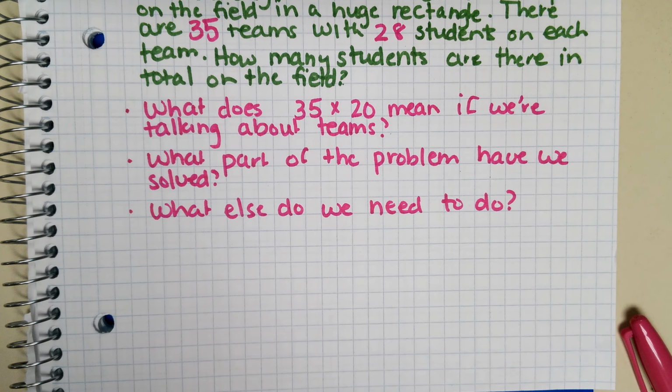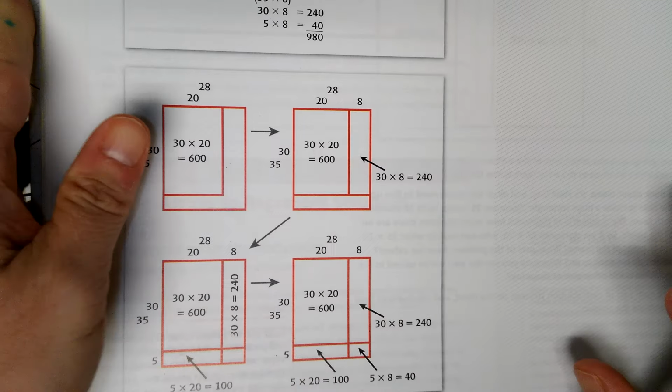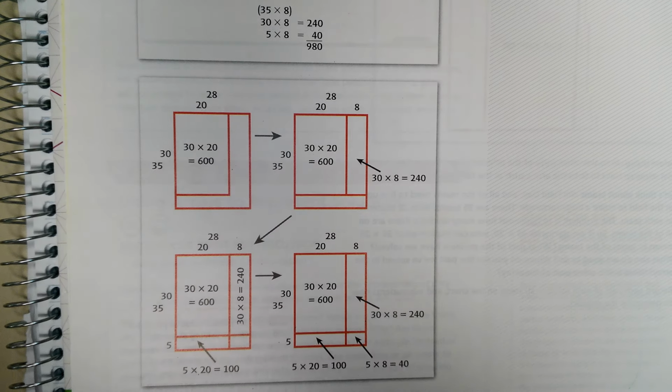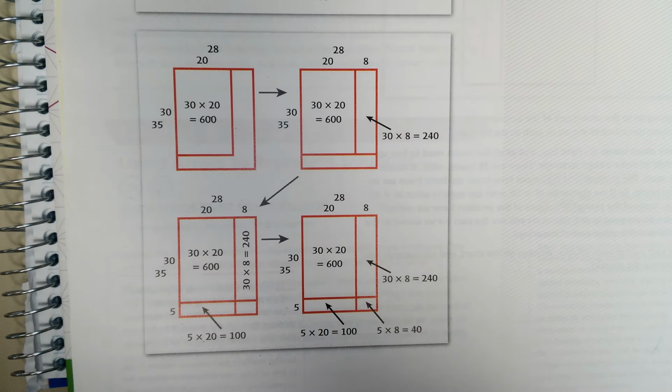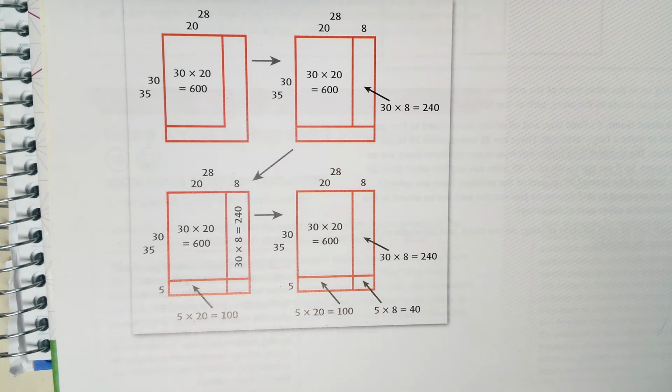Now, I wanted to share with you a few other ways that we could be looking at this. I'm just going to go ahead and put some of these examples down. Now, one of these examples might make a little more sense to you. You don't have to write this down. I just want to give you guys an idea.